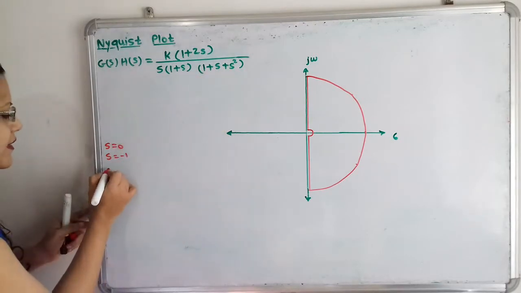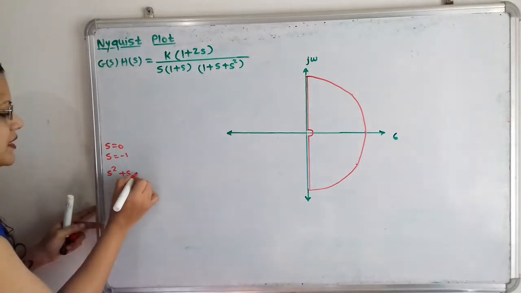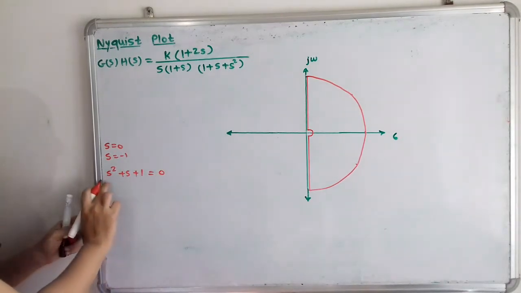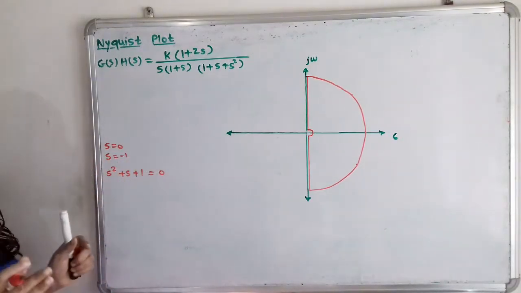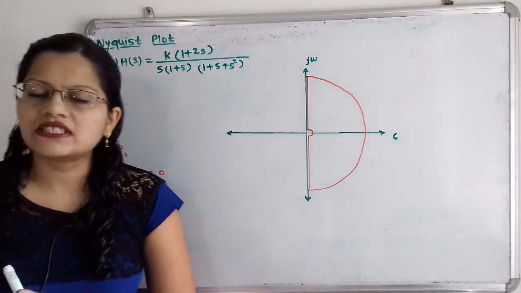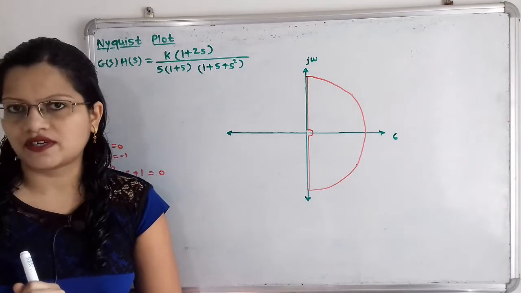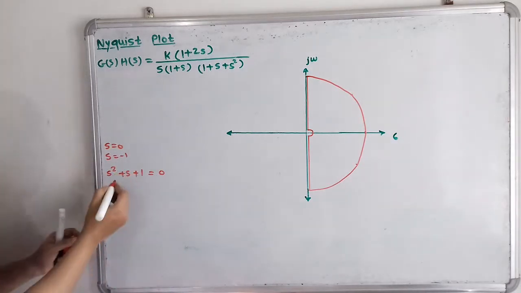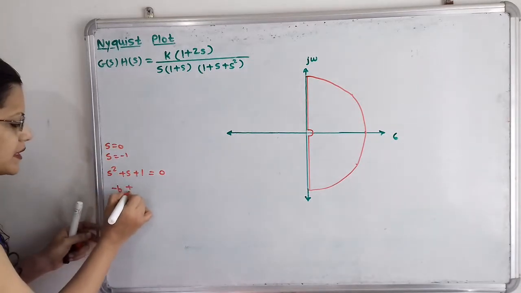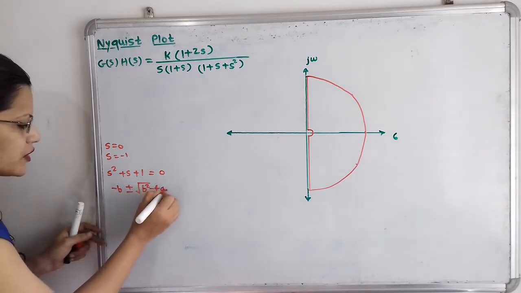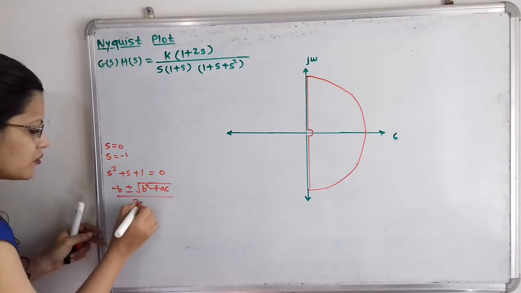Then we will equate s square plus s plus 1 is equal to 0. For this again we have to take the solution for s. This is a second order equation, so how to take the roots? For that we have the formula: minus b plus minus under root of b square minus 4ac divided by 2a.